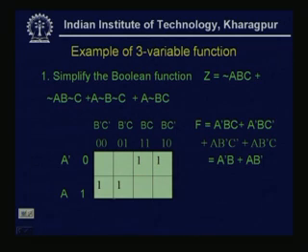Now, if we draw the Karnaugh map, there will be 2 rows and 4 columns, because it is a 3 variable function, so it has 2 to the power 3, meaning 8 min terms. Out of these 8 min terms, there are only 4 min terms present in this particular function. What are these 4 min terms?